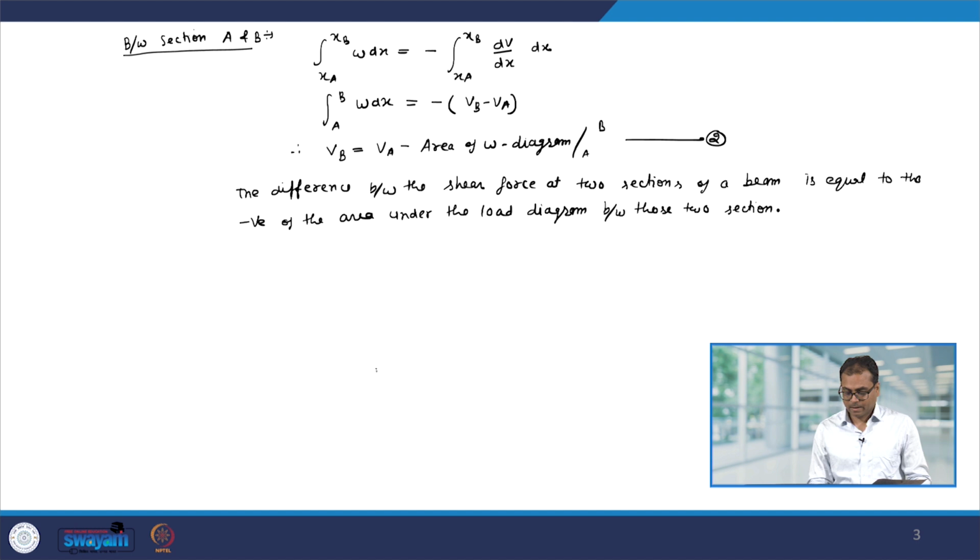Okay. So, this is about the shear force.